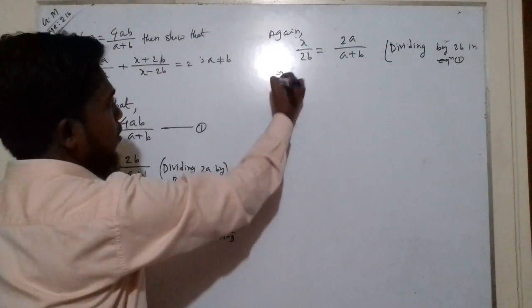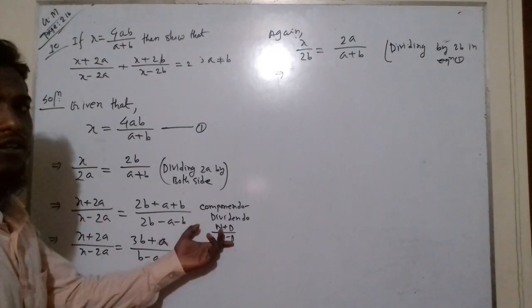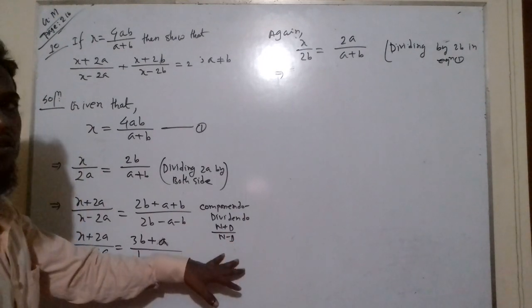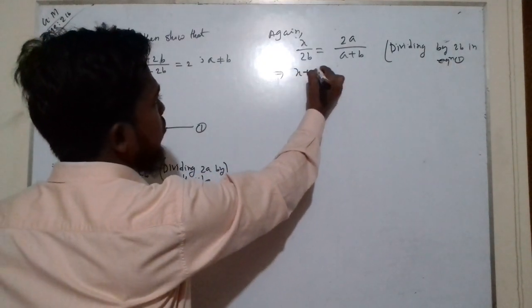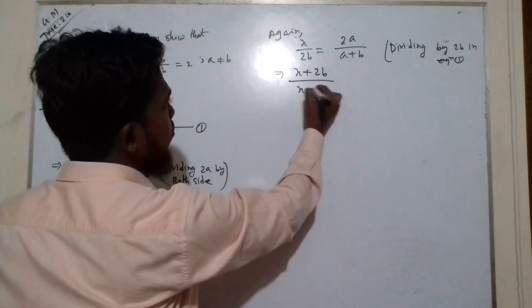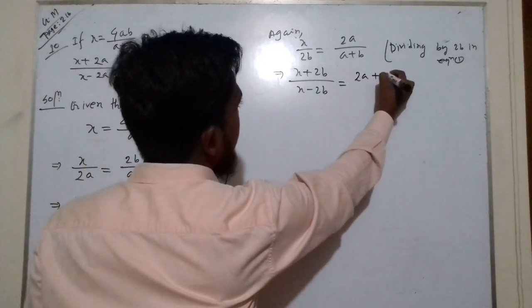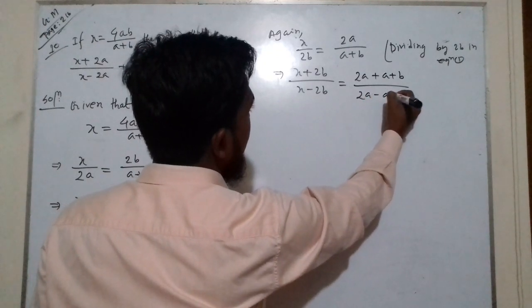So again we can use the formula of componendo and dividendo: numerator plus denominator divided by numerator minus denominator. So we can write x plus 2b divided by x minus 2b equal to 2a plus b divided by 2a minus b.